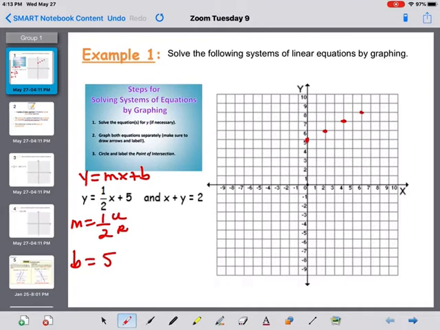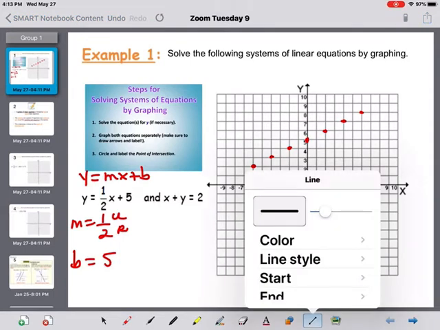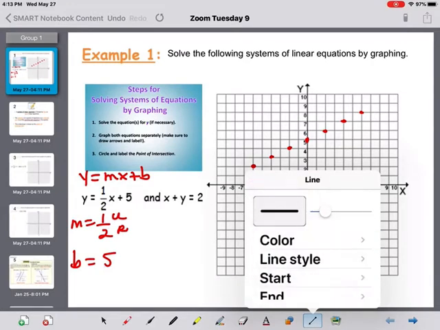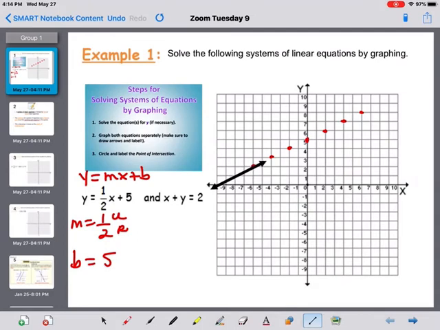And then I'm going to go back down 1 and to the left 2 a couple of times to get points going in the opposite direction. Once I feel like I have enough points to form the line, I'm going to connect them. I'm going to make sure I have arrows at both ends. And the last step is to write my original equation, y equals 1/2 x plus 5, on the line.